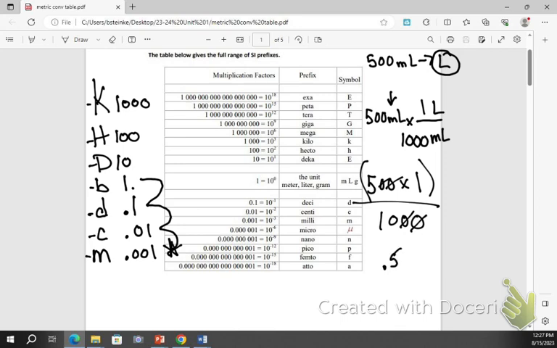Why would I count this answer wrong? How many sig figs do I start with in my given? How many do I have in my answer? Does that match up? Yes. There you go.